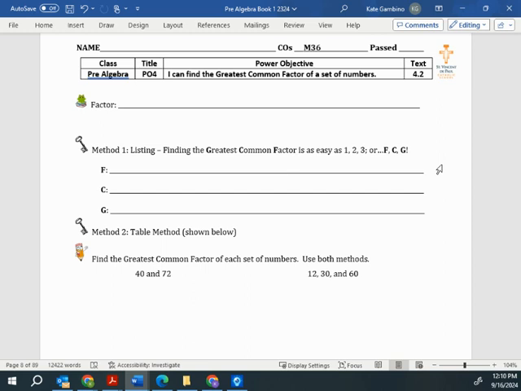So a factor is a number that goes evenly into the given number.